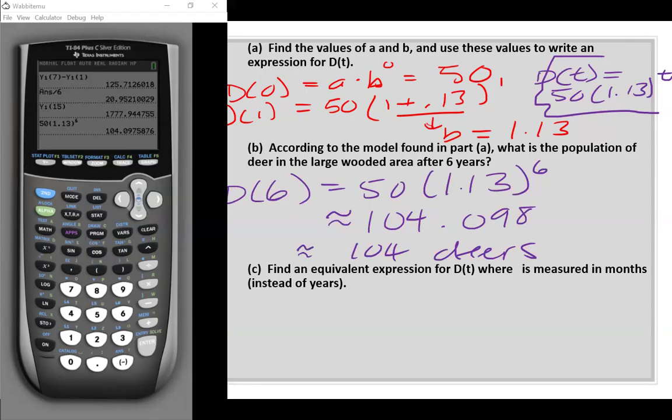So what do I need to do to the years? Divide them. So it'll be D of t equals 50 times 1.13, and instead of years, we want months. You wanted it to be harder, didn't you? It wasn't. Sorry to disappoint you.